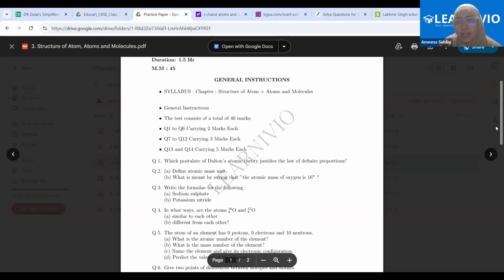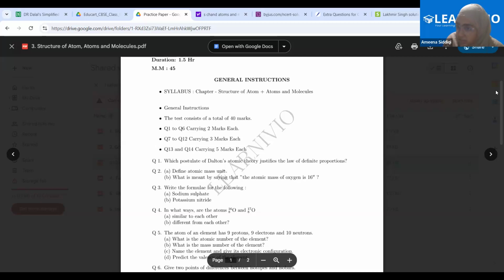No, the full carbon 12 atom was taken as the standard. But see, what was the problem with that? Why was that discontinued? We were not getting the values in whole numbers or near to whole numbers. Yeah, that's what I was saying. Yes, good. That is why it was discontinued.